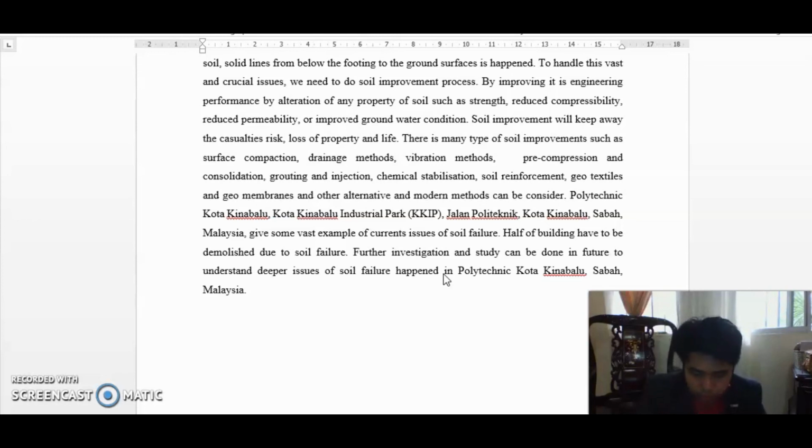So the building is not safe to live in. They have to do some improvement to make sure that, if they want to build the half building back, the area is safe to live in and to give service.